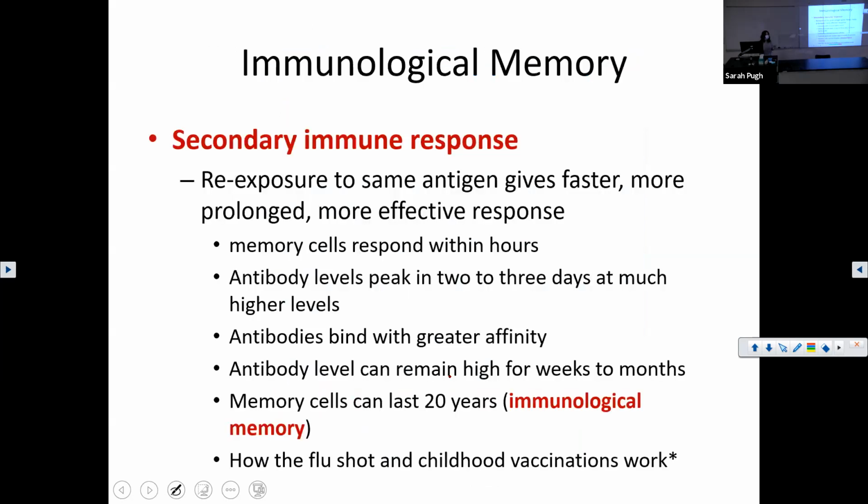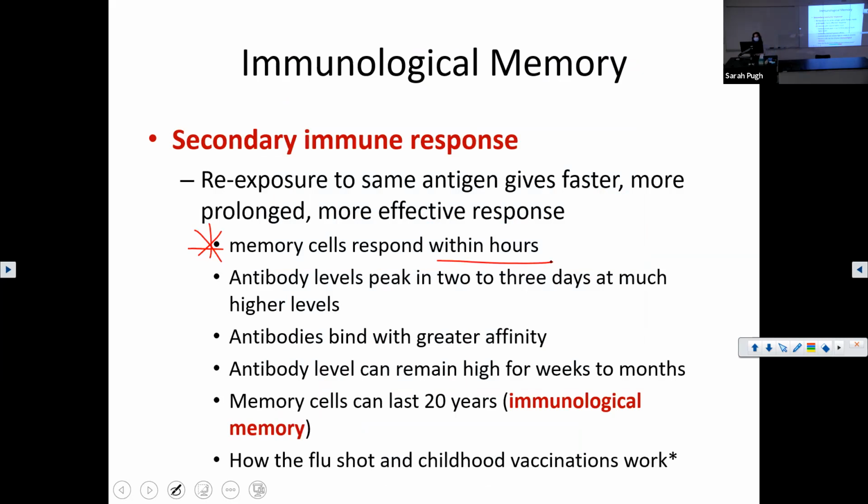But remember, in our primary response, we have made clones, we've made plasma cells, we've made antibodies, but we also made memory. So the secondary response is if you are re-exposed to the exact same foreign antigen, this is where those memory cells come in. They respond within hours.